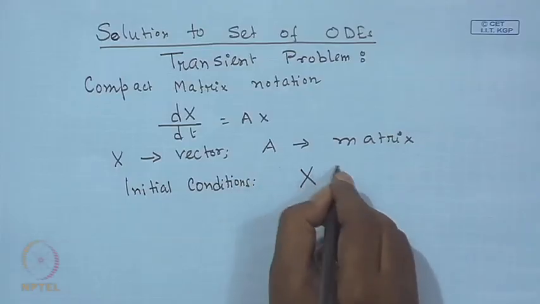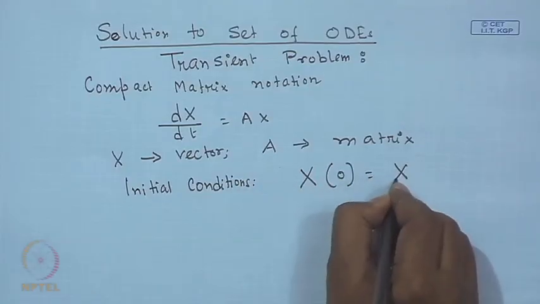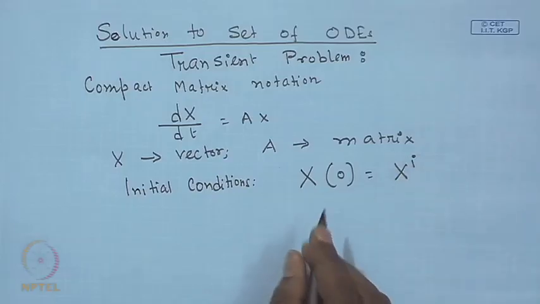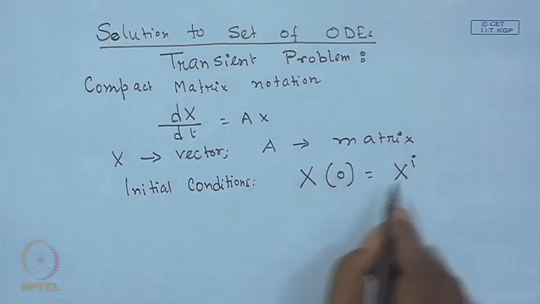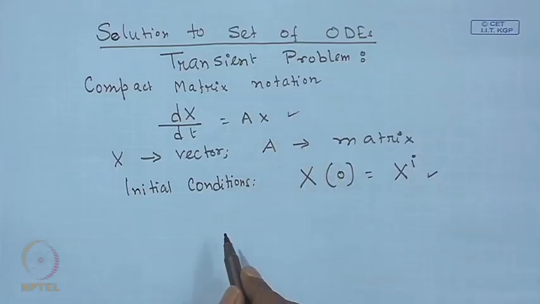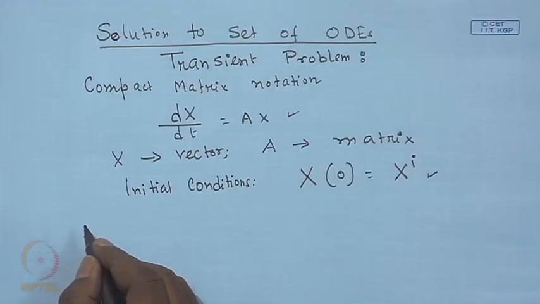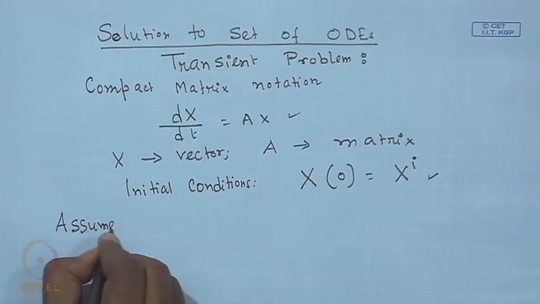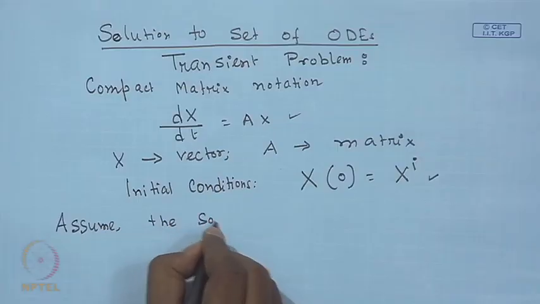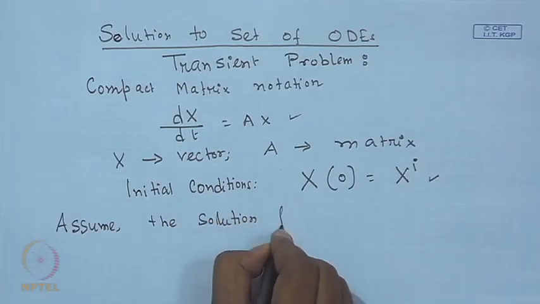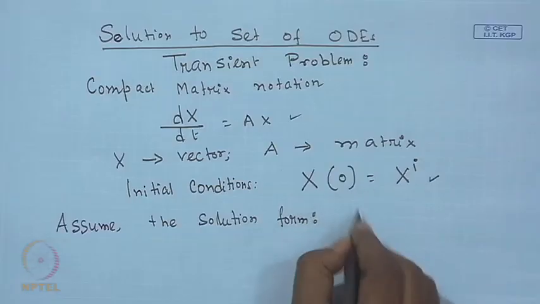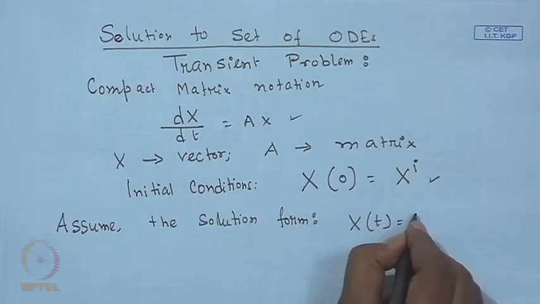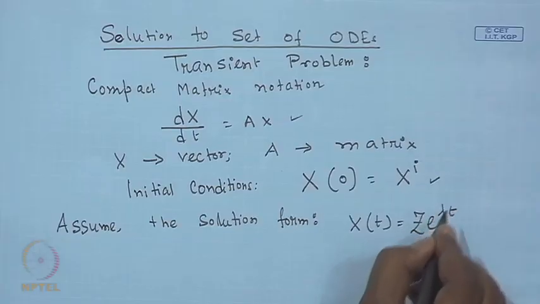The vector at t is equal to 0 is x I. So, that will be the initial condition specified for this set of governing equations, which are in the form of ordinary differential equations. Now, in order to utilize the eigenvalue eigenvector method, we have to assume the solution form as x is z e to the power lambda t.